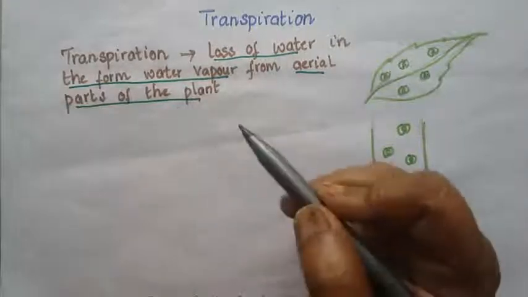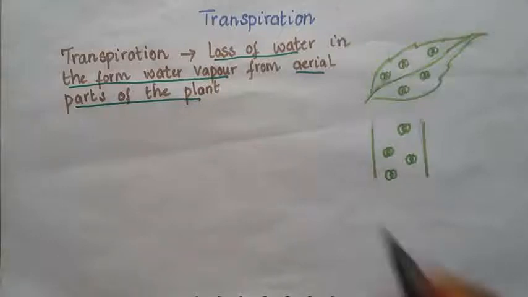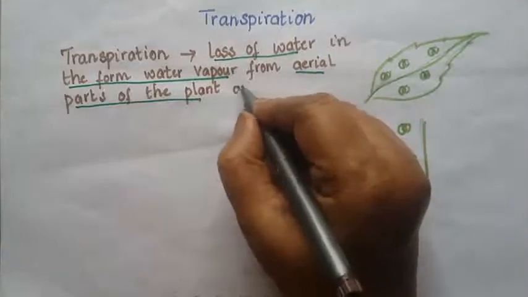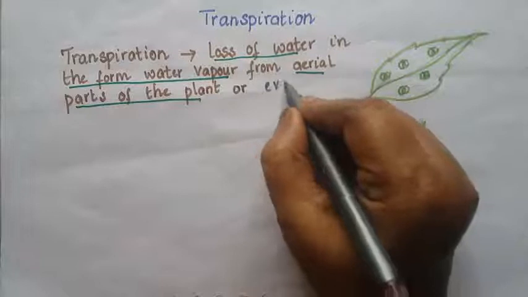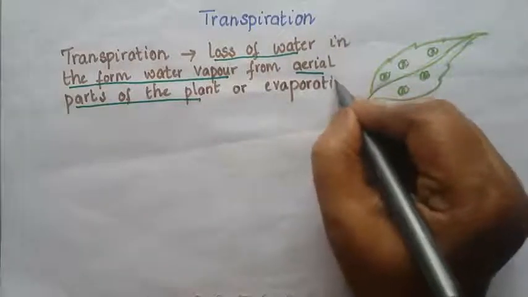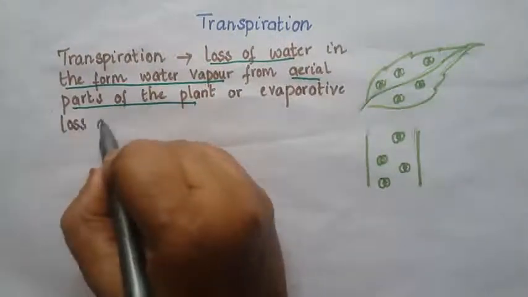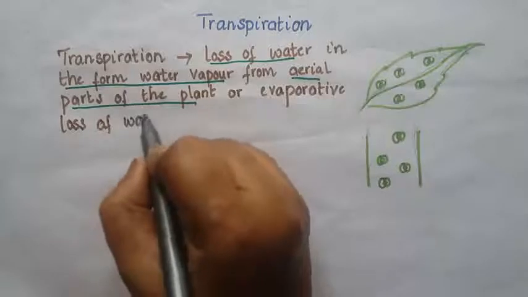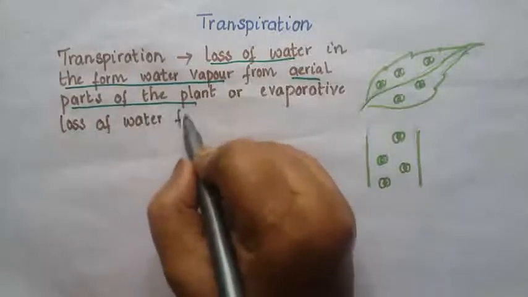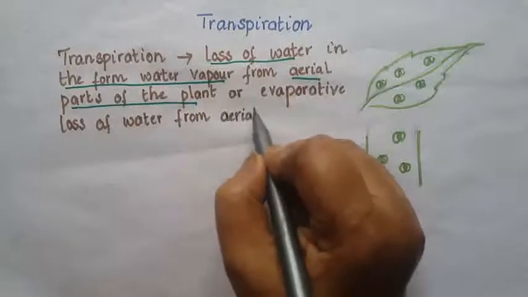the plant. Or you can also define the same word in the other way, such as transpiration is the evaporative loss of water from aerial parts of the plant.